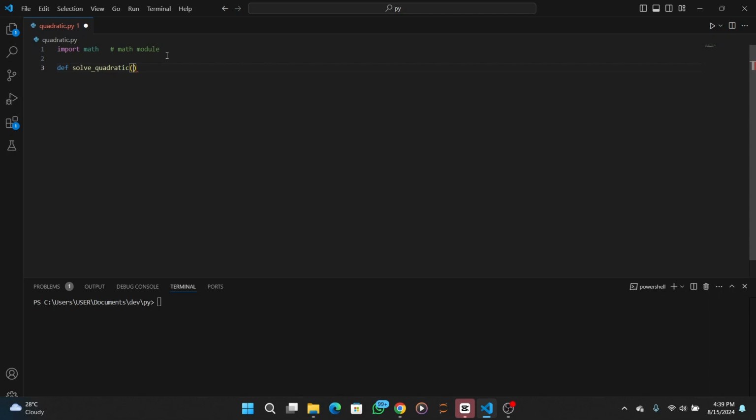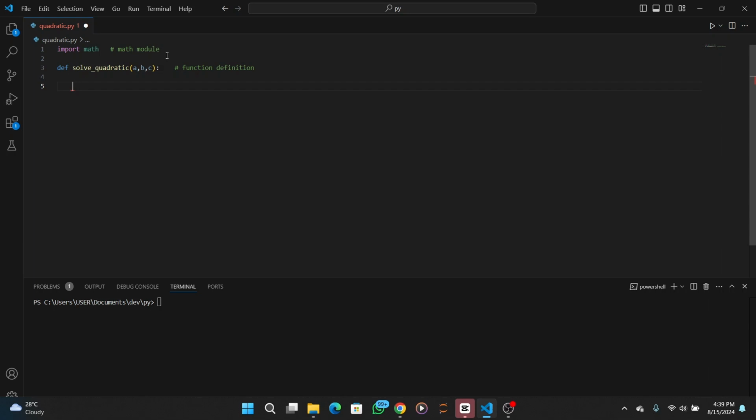Now solve quadratic takes three constants. So it will take a, then b and c. Then let me just comment here and say function definition. Now this is my function definition, so I've defined the function.